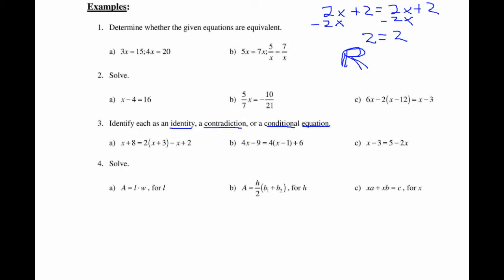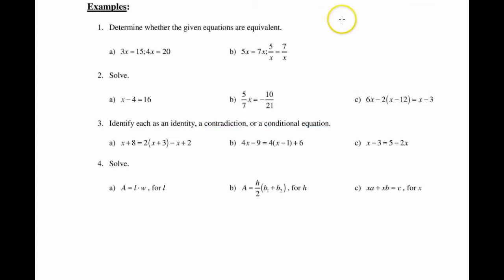Now, how about if you had something like this? 2x plus 1 equals 2x plus 2. Now it looks like an equation because it has an equal sign here. But once again, if we subtract out the x's, we end up with 1 equals 2.